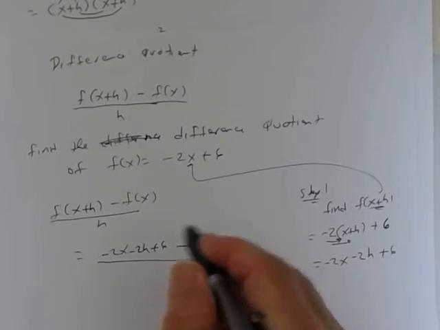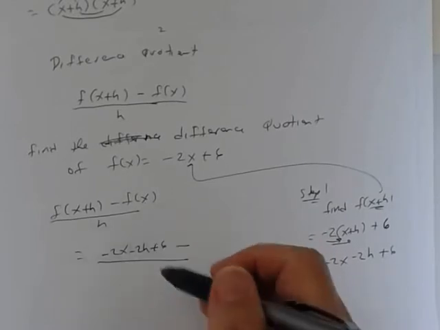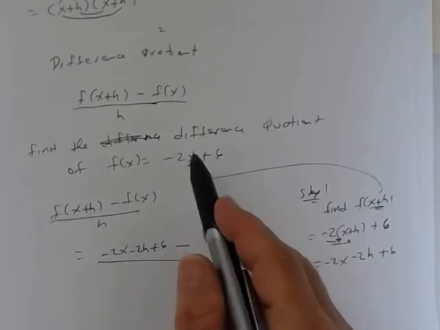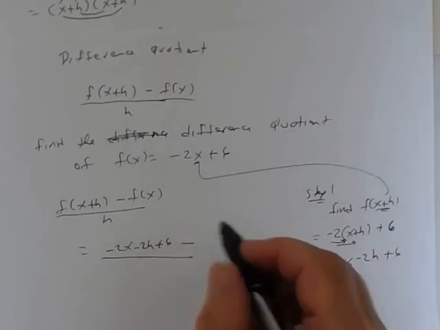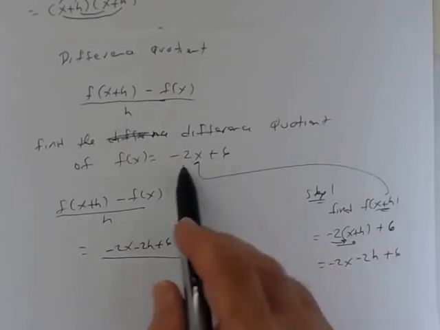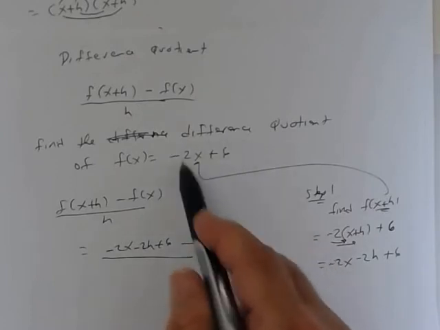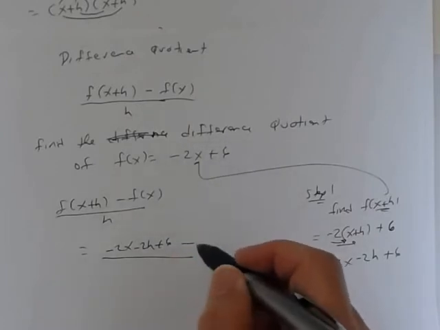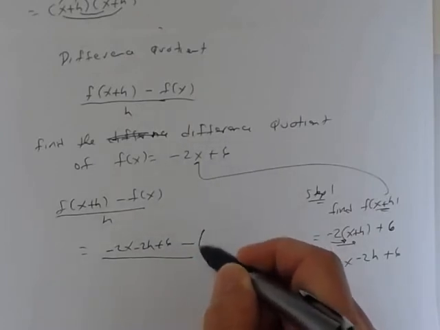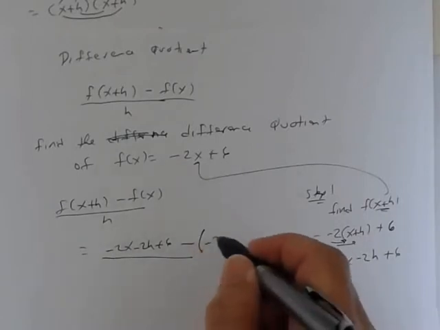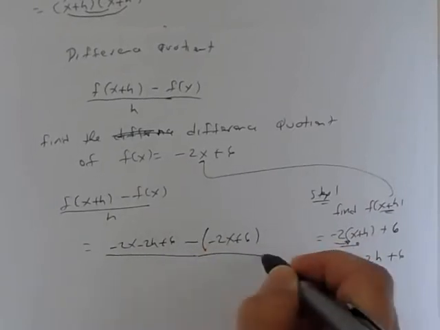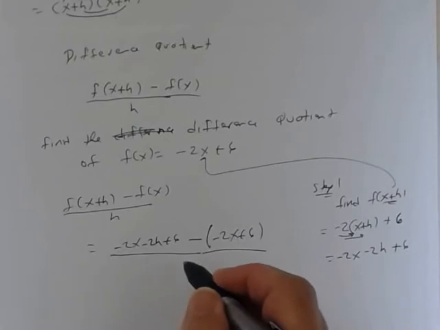Now we're going to subtract the function. What is f of x? Now, you need to put that in parentheses, because when you're subtracting f of x, you're subtracting all of this. So every step, you're going to put parentheses and then your function. Just like that. And then all that's being divided by what?